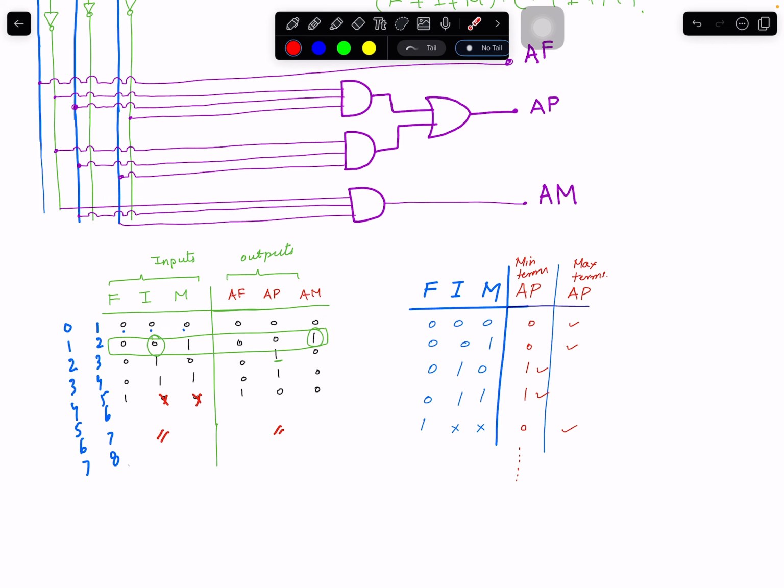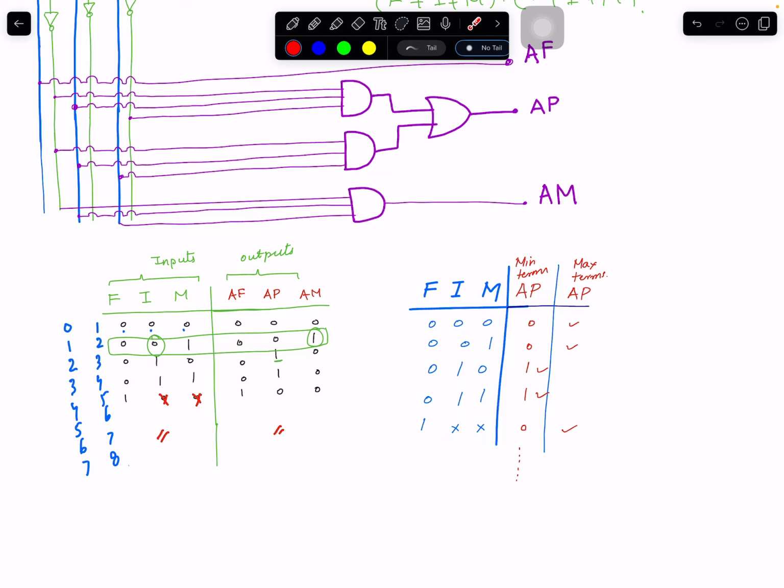So what we did, if you remember this example in previous videos with alarms: fire alarm, intruder, and maintenance are the inputs. Based on those alarms with certain priority, with fire highest, then intruder, and then maintenance, we turn on outputs: alarm to fire brigade, alarm to police, alarm to the maintenance person in the company.